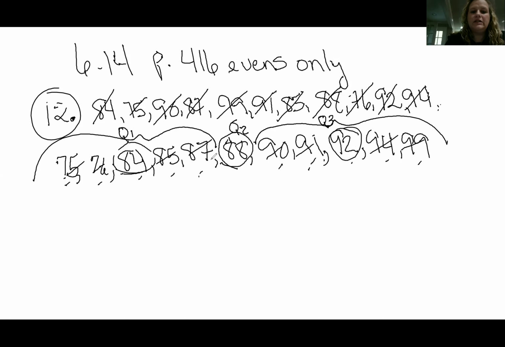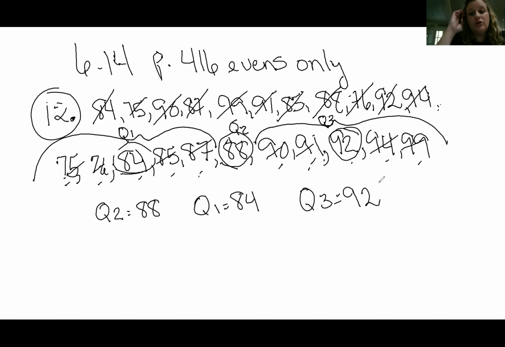So all we're doing is repeating this process. So quartile 2 equals 88. Quartile 1 equals 84. Quartile 3 equals 92, and this is what you're going to write on your paper. You're going to have to write all these, and then you're going to write IQR for interquartile range.